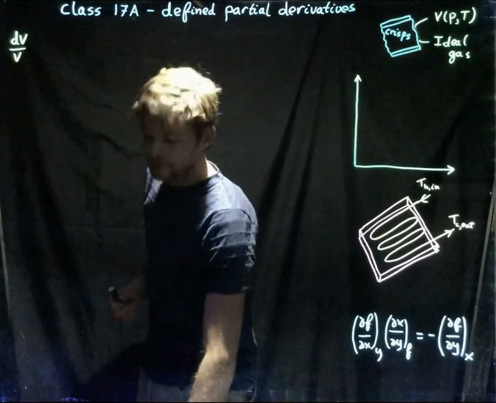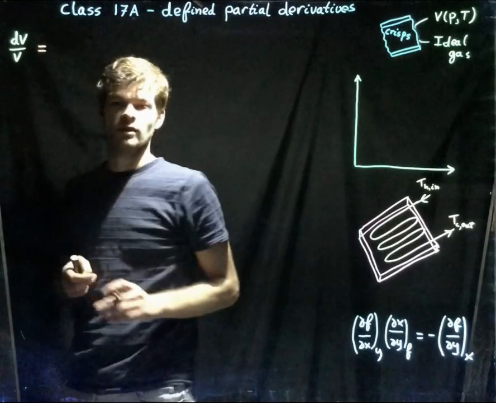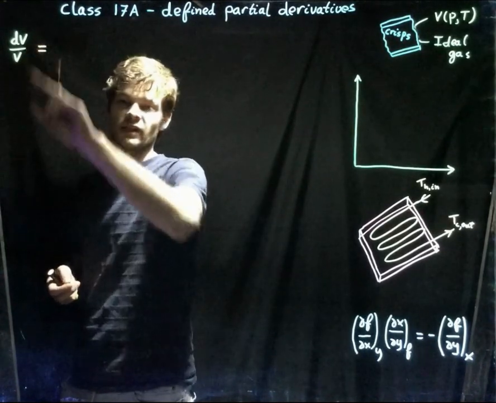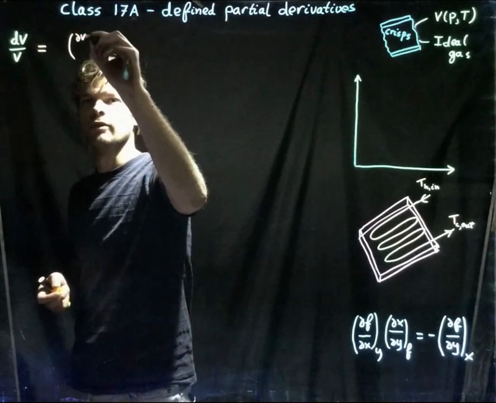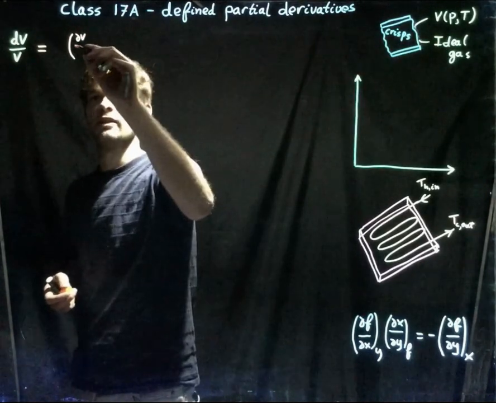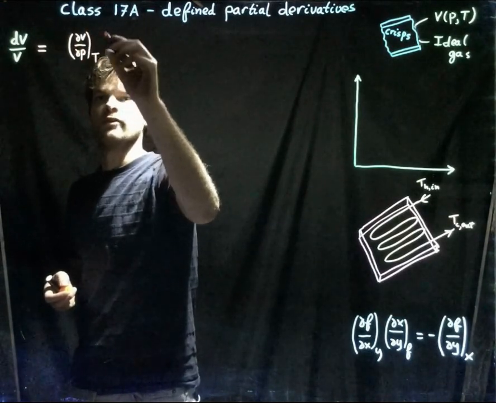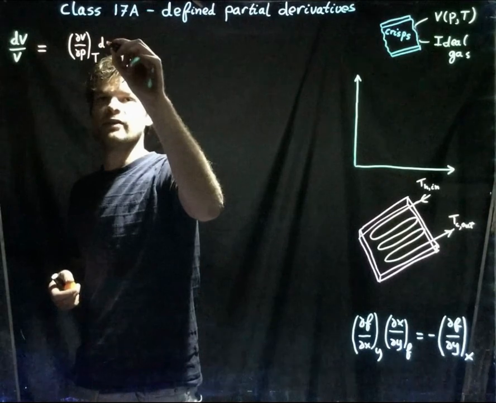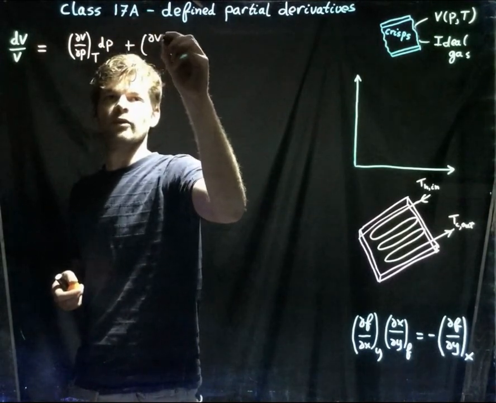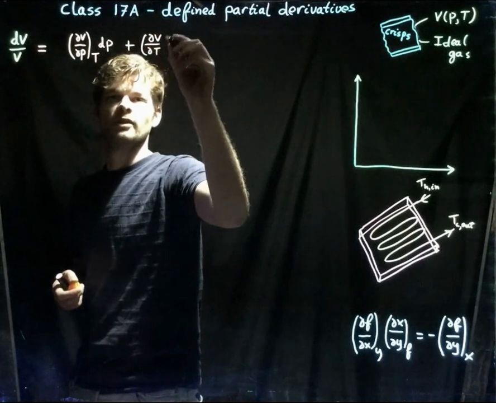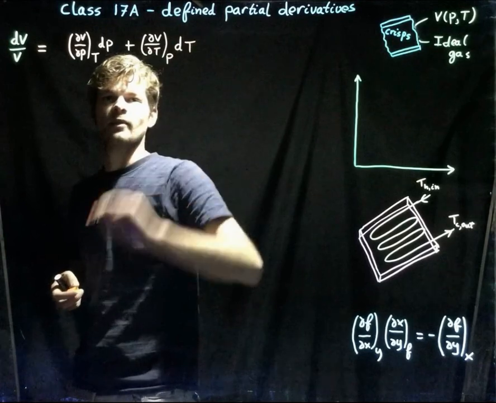So I'm going to define this by using the total derivative of the volume, which is the partial derivative of volume with respect to pressure, dV/dP, for fixed temperature, times dP, plus the partial derivative of volume with respect to temperature for fixed pressure, times dT.